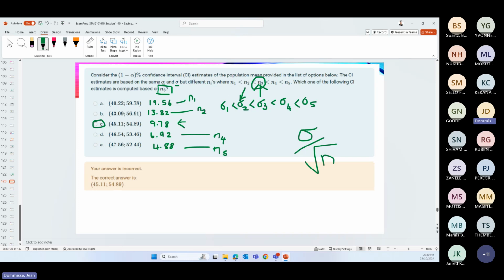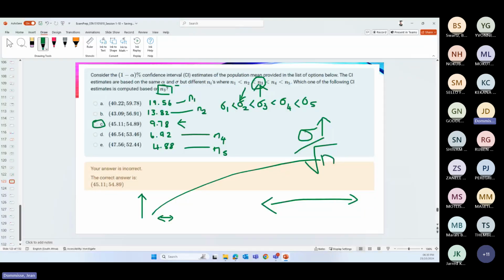Okay, so be very careful in the exam that they don't change the n to standard deviation, because as your standard deviation increases, your confidence interval will become bigger. Here it was as n increases, your confidence interval becomes narrower.